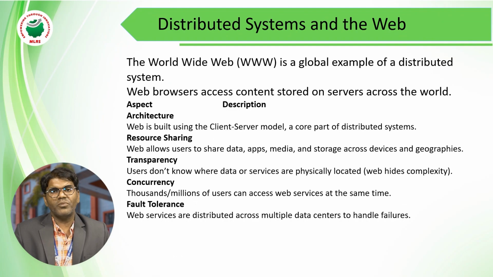Next one, distributed system and web. The World Wide Web is a global example of a distributed system. Through the World Wide Web, we can search for anything we don't know, like email, or what resource sharing is in a distributed system, or what the architecture of a distributed system is.